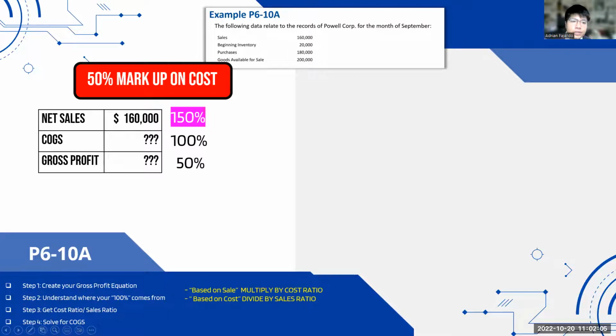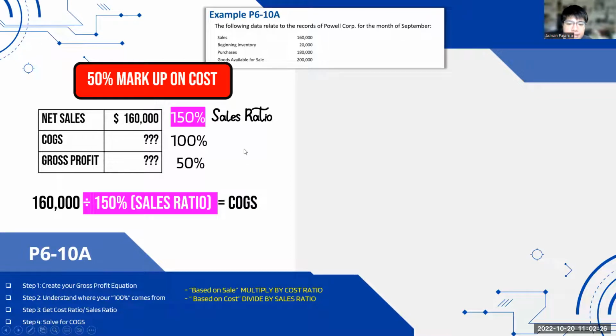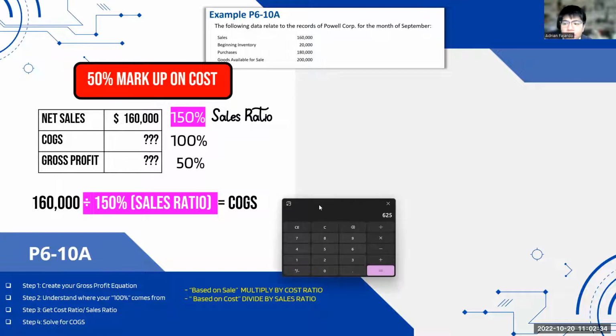When it's based on cost, the important thing for us to find is the sales ratio. And the sales ratio for this is 150%, right? Now that we know the sales ratio, we can now get our cost of goods sold. That's the last step. Net sales of 160,000 divided by the sales ratio of 150% will give us our cost of goods sold.